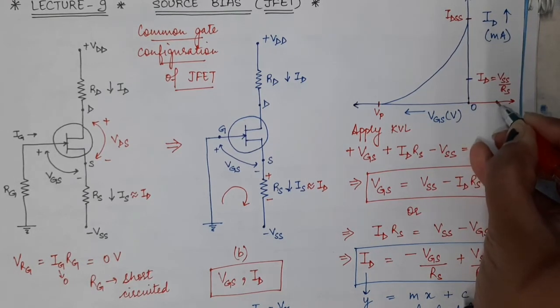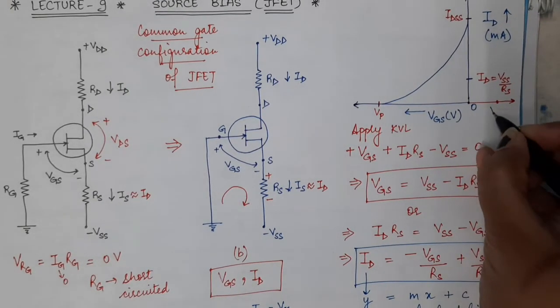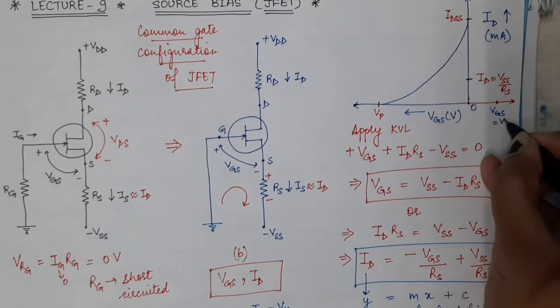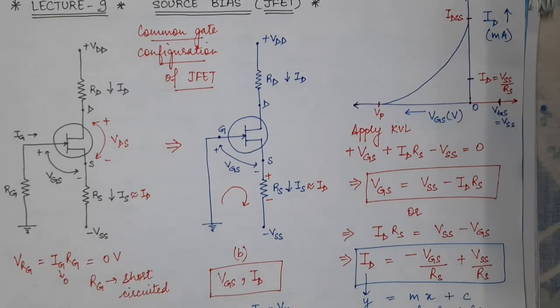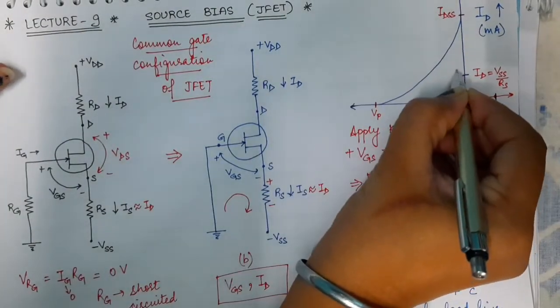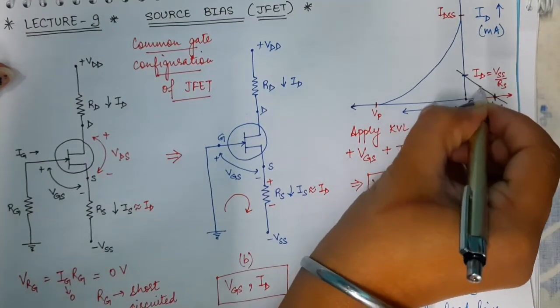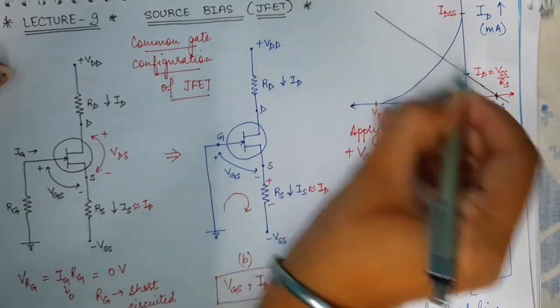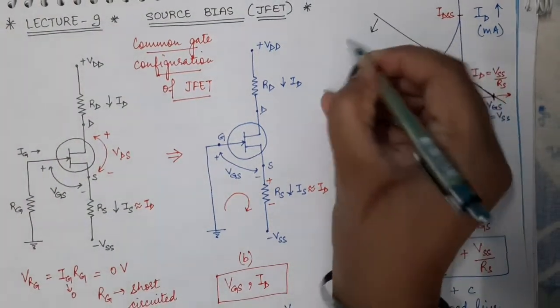Suppose this is the point corresponding to which drain current is 0 and VGS is equal to VSS. So these are the 2 points. Now we will draw the load line. The load line will be a line passing through these 2 points, and extend that. So this is the load line.